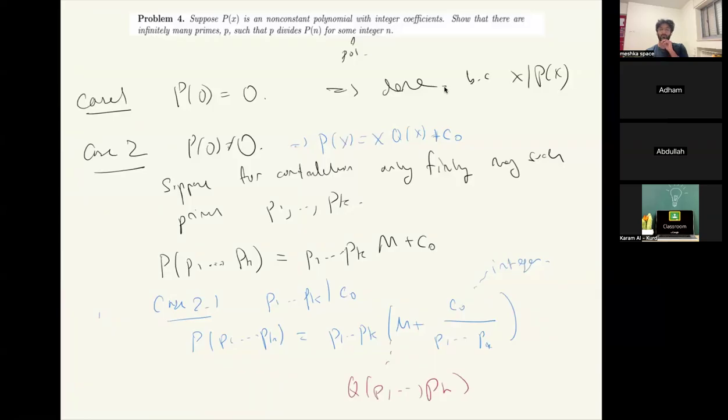We can take, for example, the prime factorization of c0. If you take p of c0 plus 1, you can factor it from everything except from c0, which means there's a new prime that is not divisible by c0.